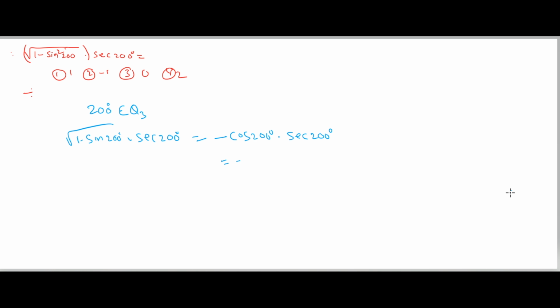That is minus cos 200 degrees into sec 200 degrees, which is 1 by cos 200 degrees. Cos 200 cancelled, that is equal to minus 1.